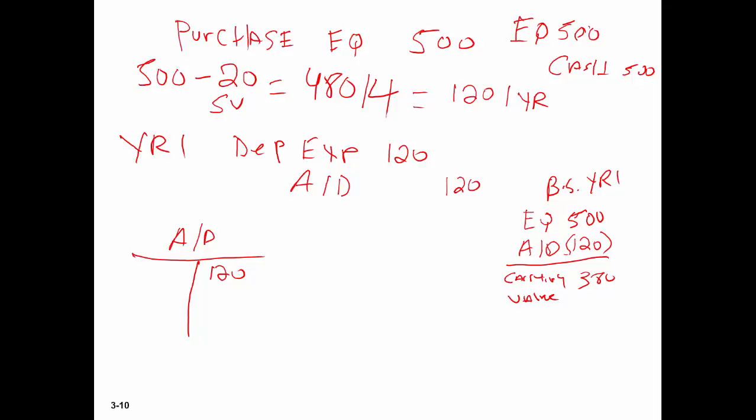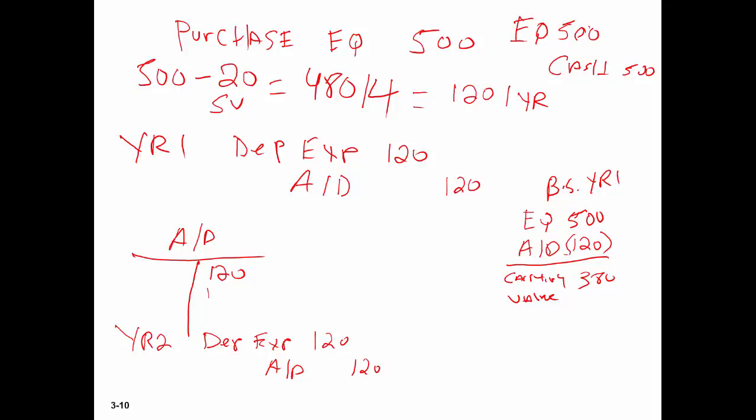Now what happens? In year two, I've used another year of that equipment, haven't I? Another year has gone by. So what I'm going to do, debit depreciation expense for how much? 120. That's showing the second year of expiration of the future economic value of that asset. Credit accumulated depreciation, what? 120 again.